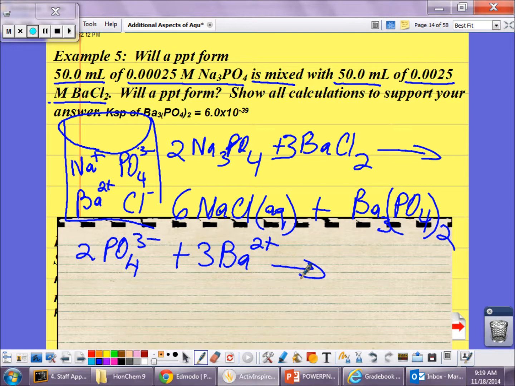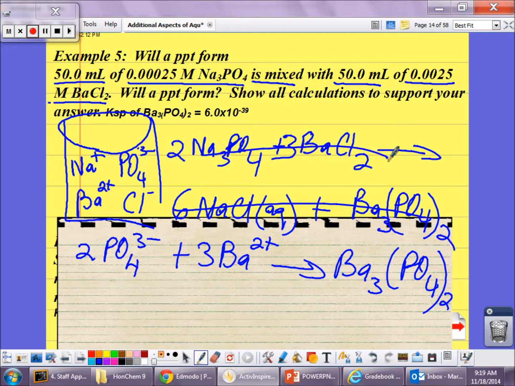How many barium phosphate? Just 1. So we don't care about anything else. This is our net ionic equation.